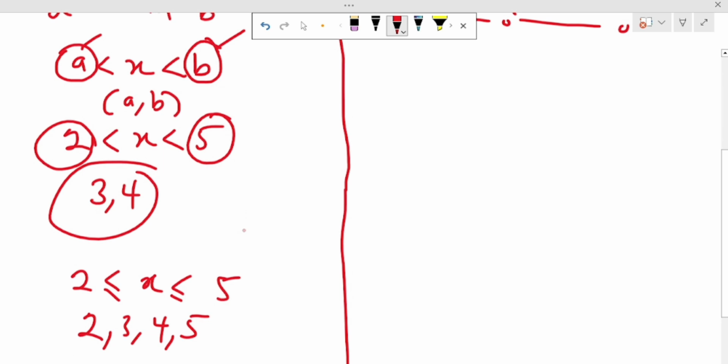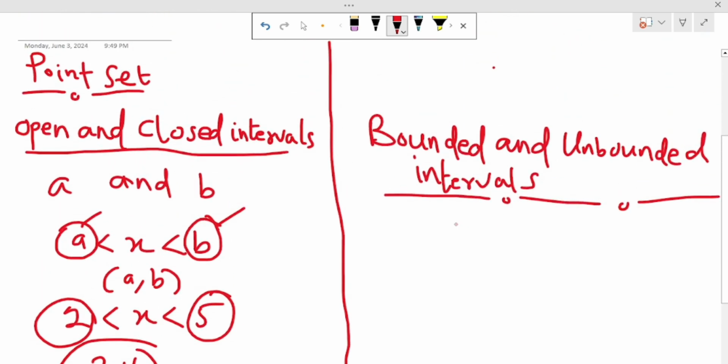If you see a square bracket, it represents a closed interval. So let's now talk about left closed and right open.